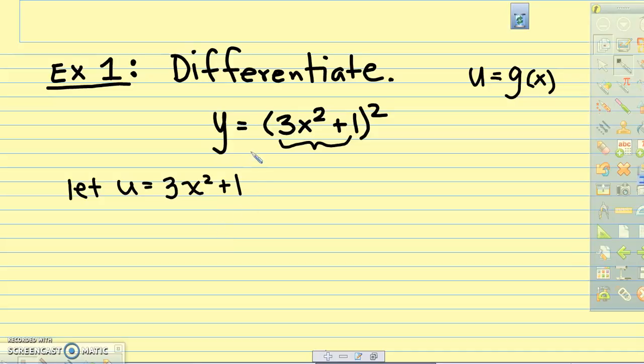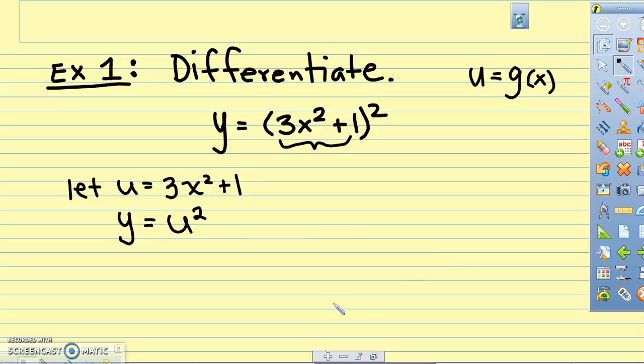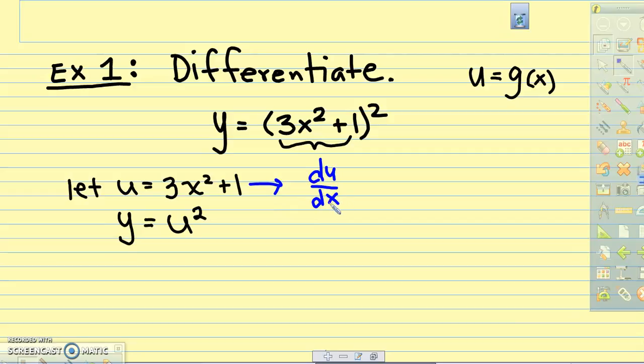Okay? So now what we have is y equals u squared. So the derivative of u with respect to x, du over dx, is equal to 6x.